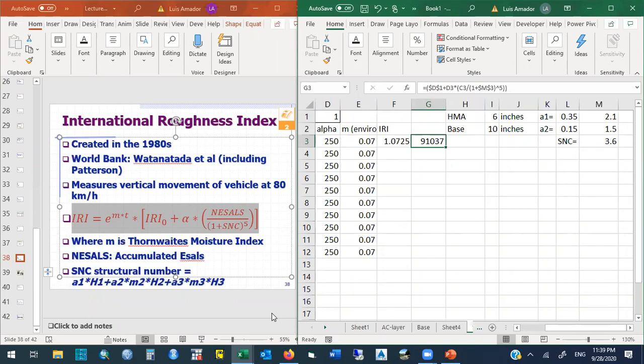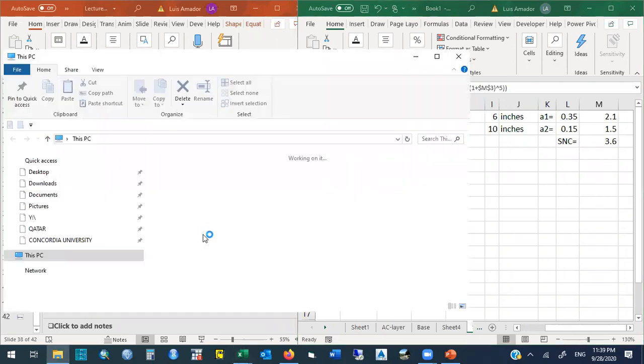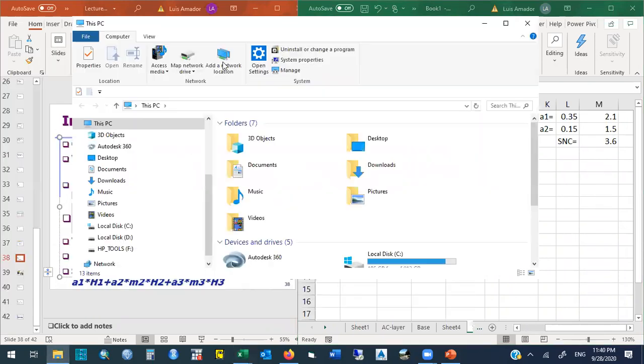Let me open one that is done. Just a second.